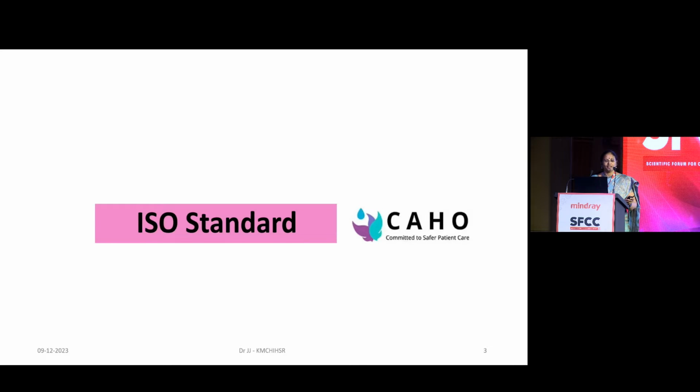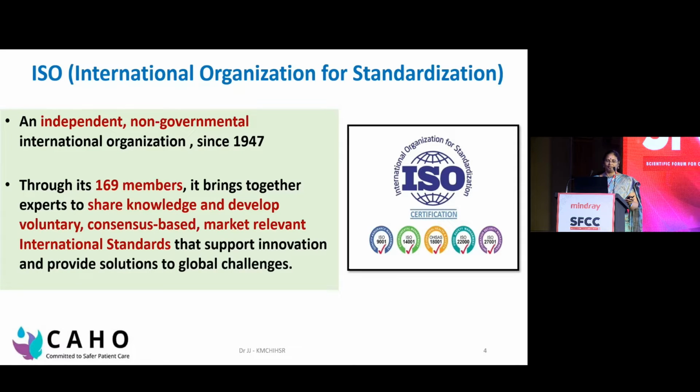ISO is an independent, non-governmental international organization since 1947. Currently with 169 members, it shares knowledge and develops voluntary consensus-based, market-relevant international standards that support innovation and provide solutions to global challenges. With changing techniques and technology, the way we look at things in the laboratories changes a lot.